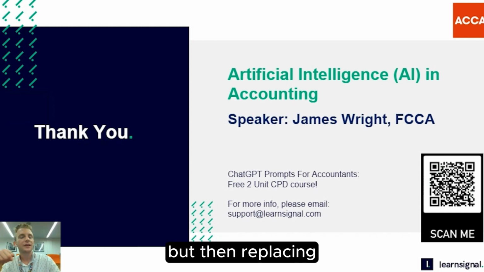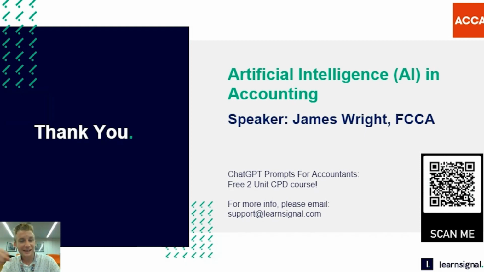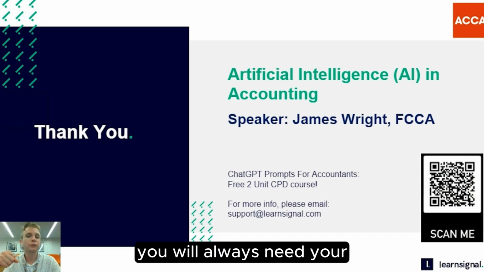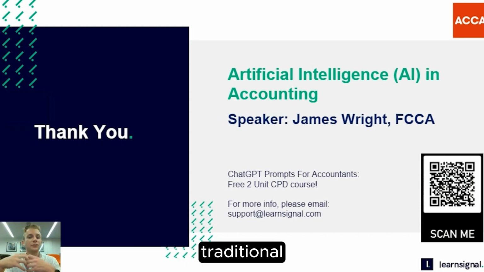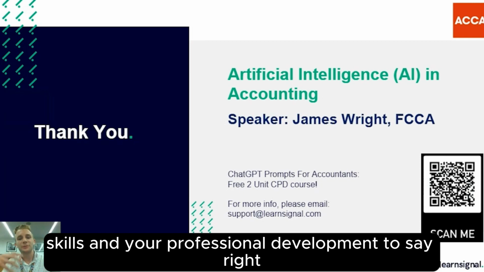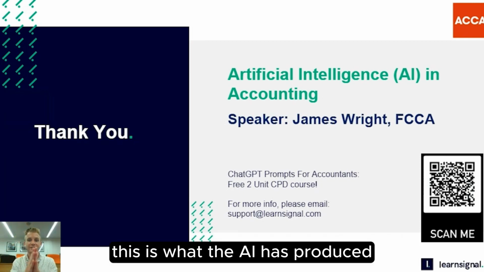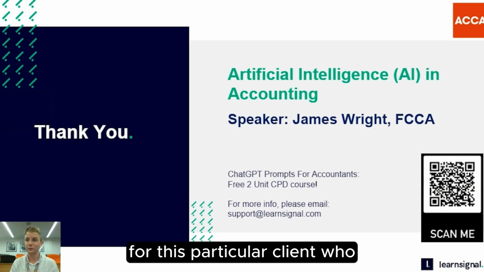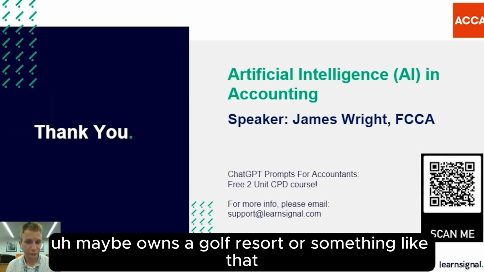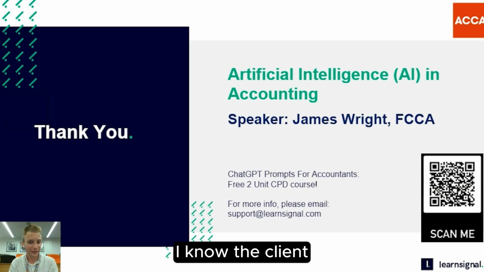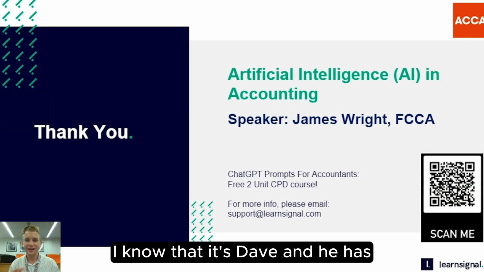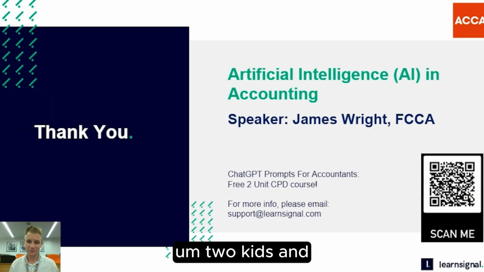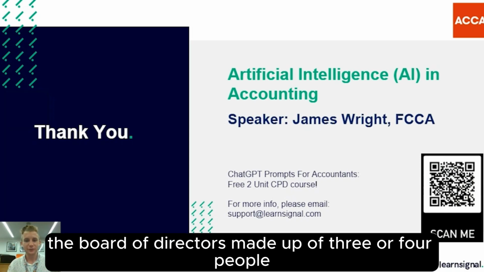But when it comes to replacing an accountant, you will always need your traditional skills and your professional development to say, right, this is what the AI has produced for this particular client who maybe owns a golf resort or something like that. And you say to yourself, I know the client, I know that it's Dave, and he has 2 kids, and the board of directors is made up of 3 or 4 people.